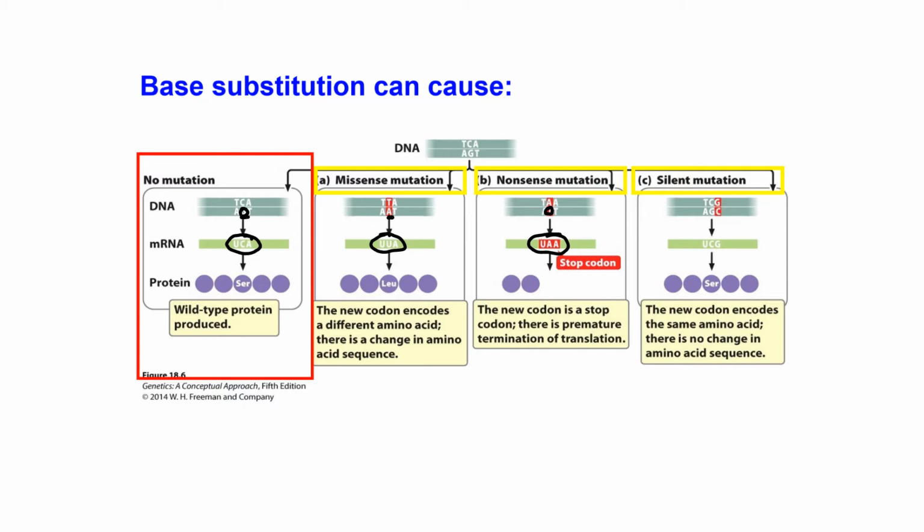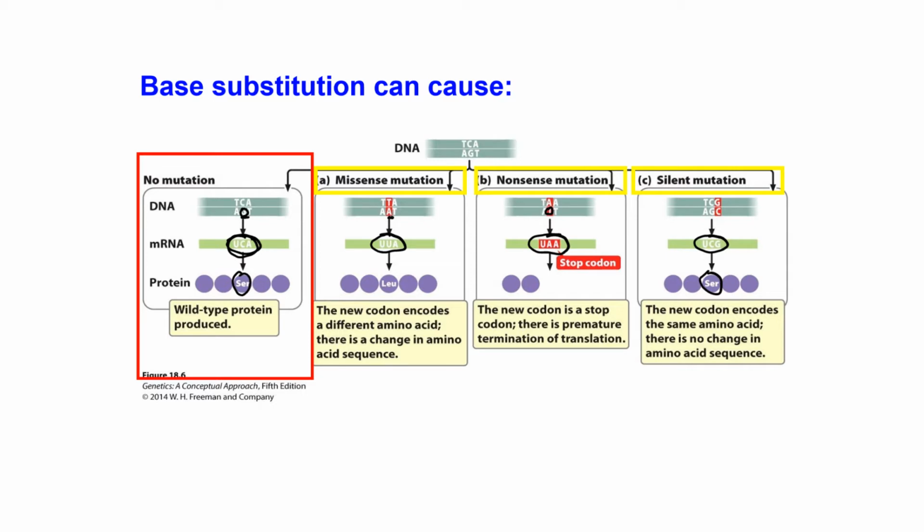And because there is redundancy of the genetic code and different codons can specify the same amino acid, base substitution can also trigger silent mutation. Right here, the UCA codon is changed to UCG, and both of them encode serine, so it is a silent mutation.